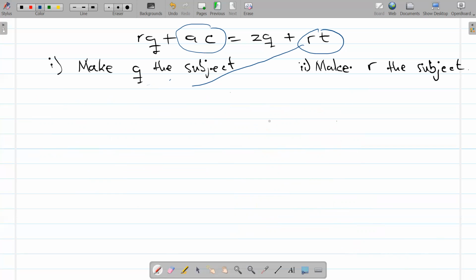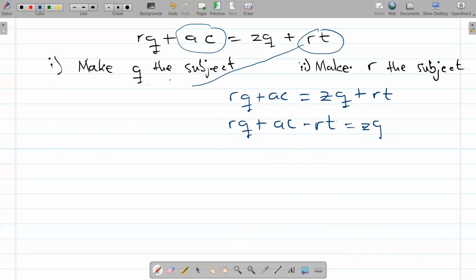So RQ plus AT equals ZQ plus RT. So RQ plus AT minus RT equals ZQ. Good.